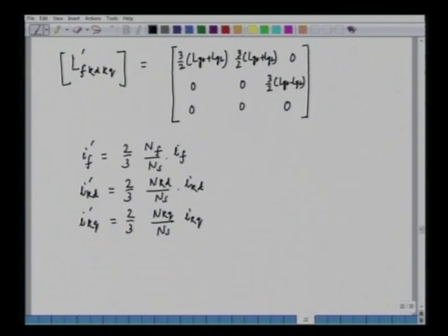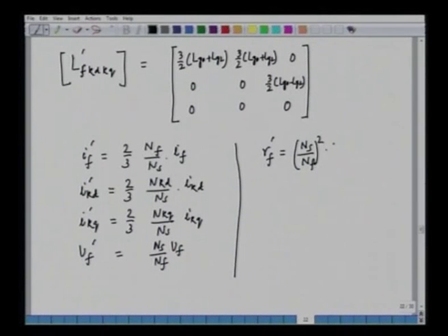And similarly, we can also have the expression for the resistance. The voltage, of course, Vf referred from the primary side is given as actual Vf into Ns by Nf. And if we see the various parameters, the referred value of resistance is given as Ns by Nf whole square into the actual resistance, and this will be multiplied by a factor of 3 by 2.